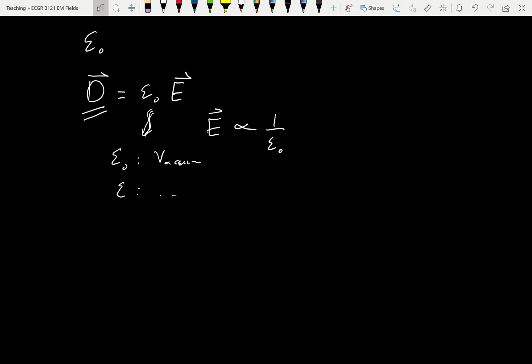We want to start with, though, talking about conductors, which have nothing to do with epsilon at this point. Conductors merely have something to do with charges and the freedom of movement of charges.